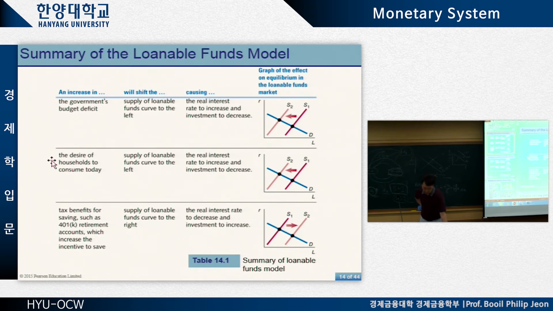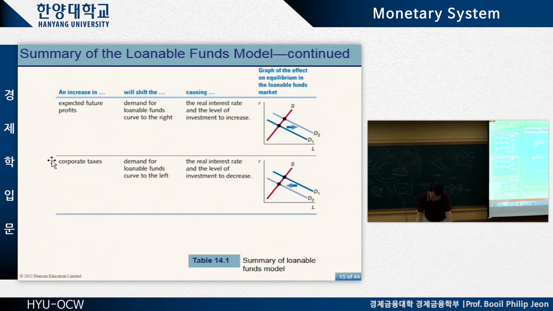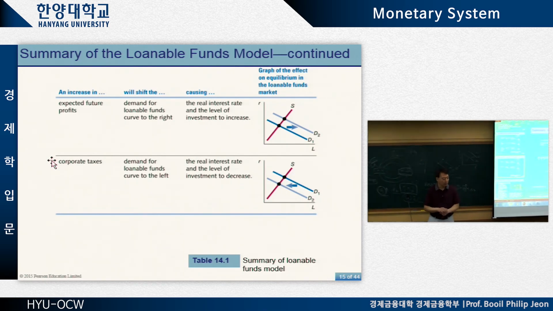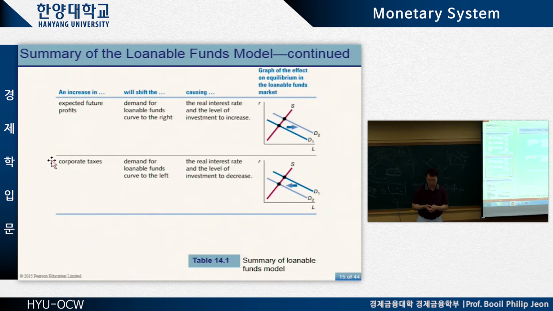So if the government introduces the new benefit, then the saving will increase, and then the interest rate will come down, and the investment will increase, and so on. Expected future profits. Again, the companies expect an economic boom next year, a strong economy, so companies try to make investment. They will borrow money, which means the demand curve will shift to the right.